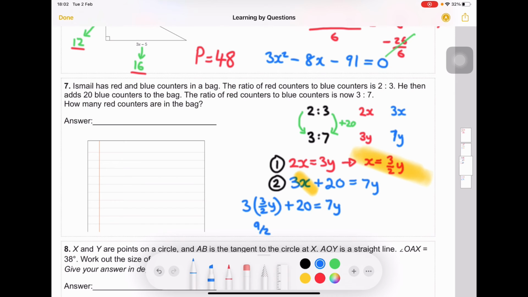So 9/2y plus 20 equals 7y. 20 equals 7y, take away 9/2y, is 5/2y.